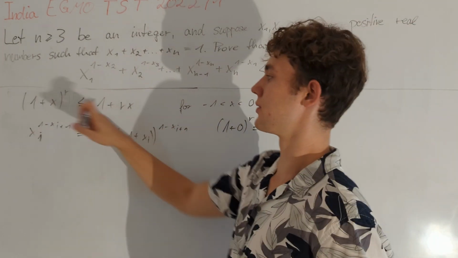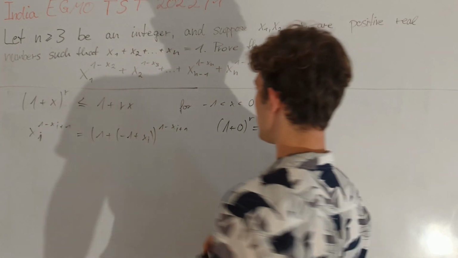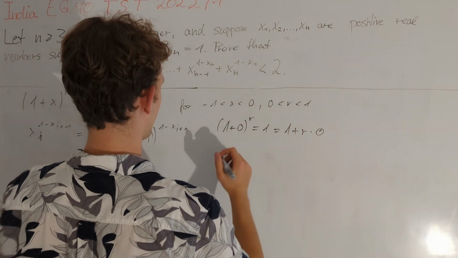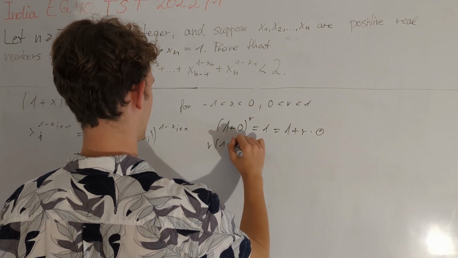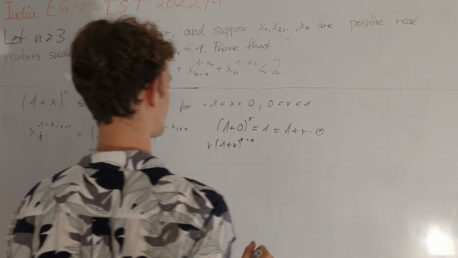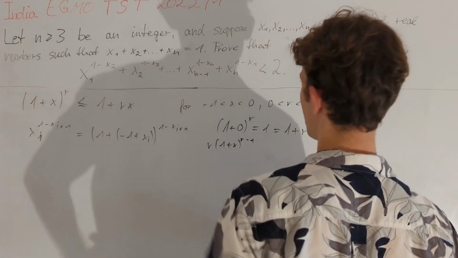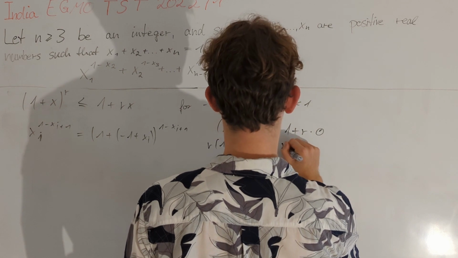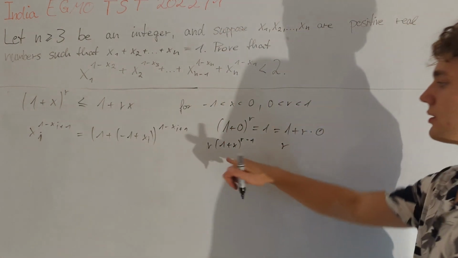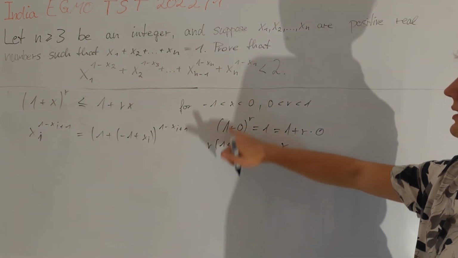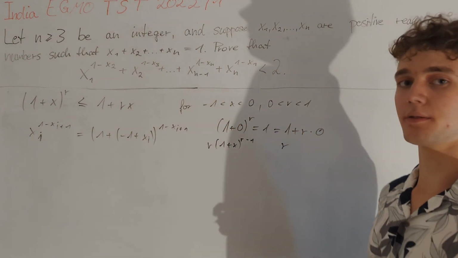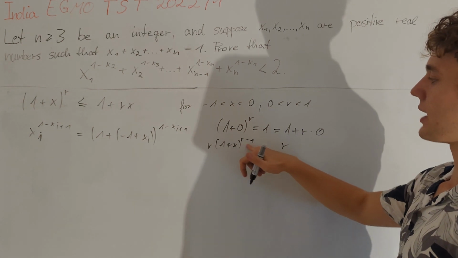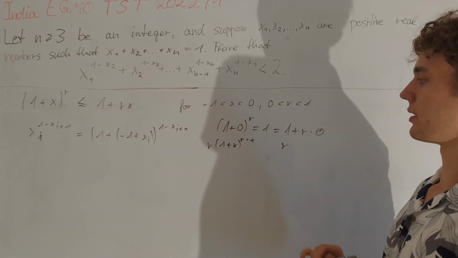Furthermore, we can also differentiate both sides. The derivative with respect to x of the left side is r times (1 plus x) to the power of r minus 1, and the derivative of the right side is just r. We note that 1 plus x must lie between 0 and 1, and therefore is a small positive real number. And r minus 1 is a negative real number.